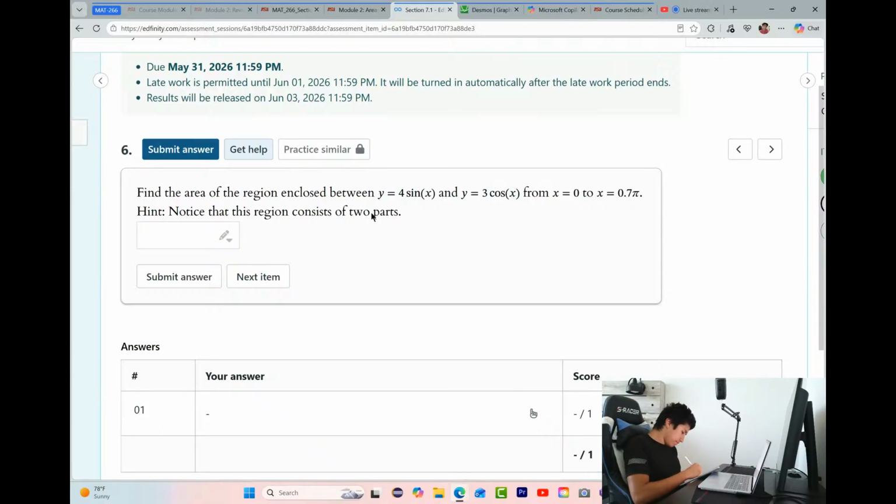For sure it's going to be bigger there. Now how about here?